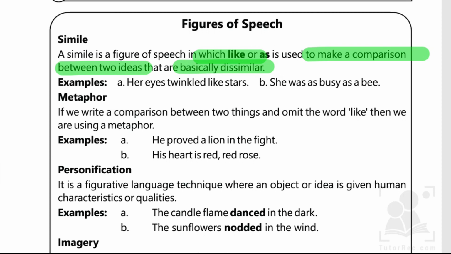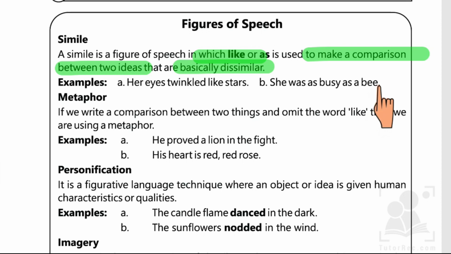We use like or as to compare two dissimilar ideas together, such as her eyes twinkle like stars. Eyes can never be stars, but eyes are compared here using the word like with the stars. She was as busy as a bee.